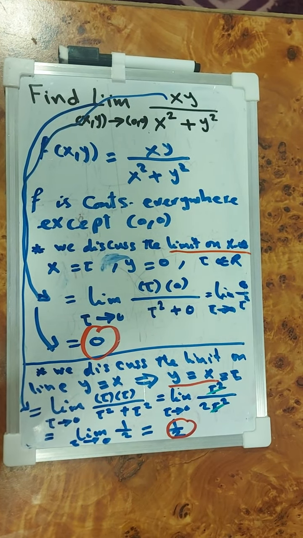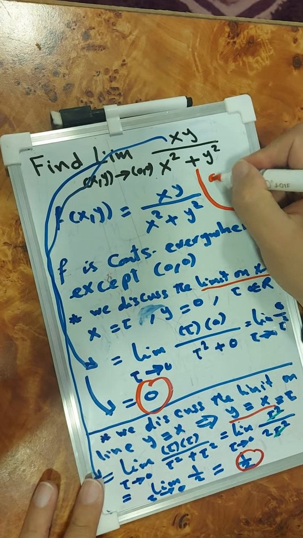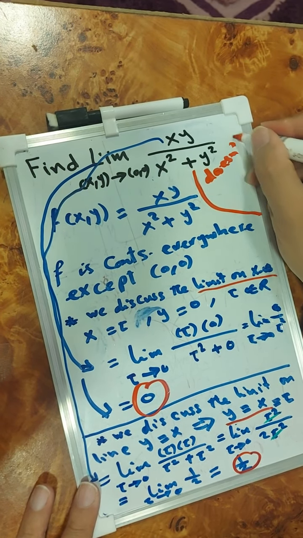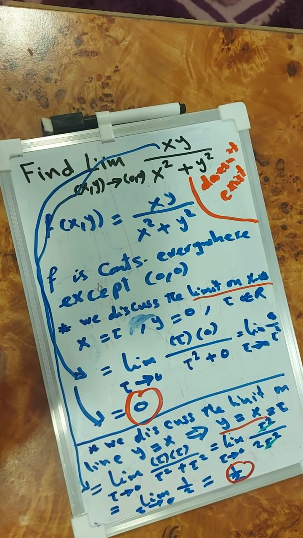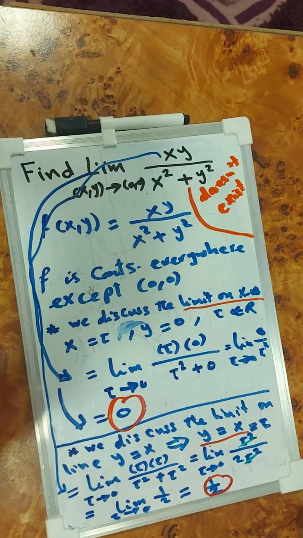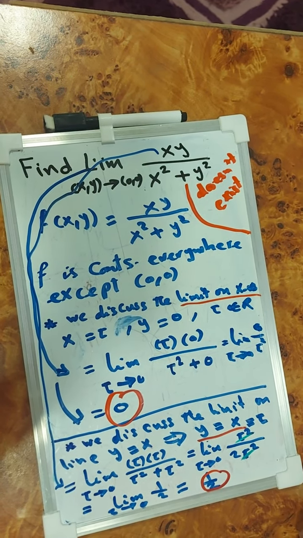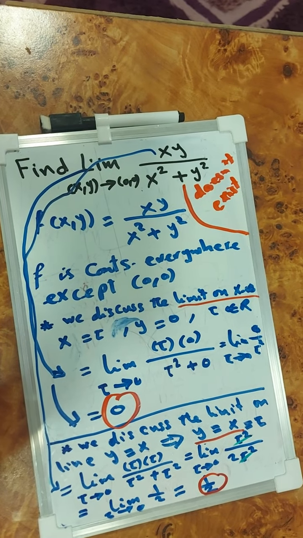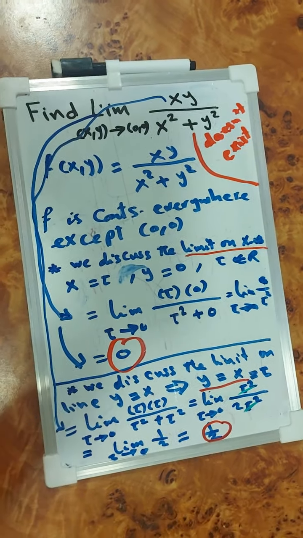So the limit does not exist. Now we proved that it does not exist, because the limit itself has two different values on two different paths, for example, the line y equal x and the x-axis.